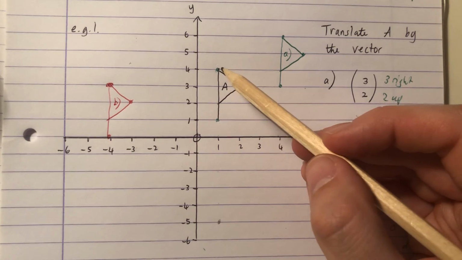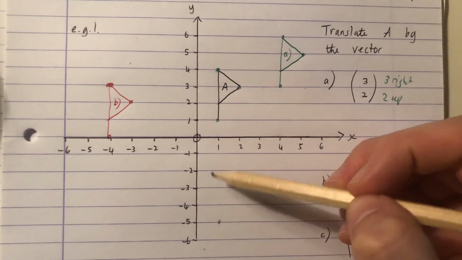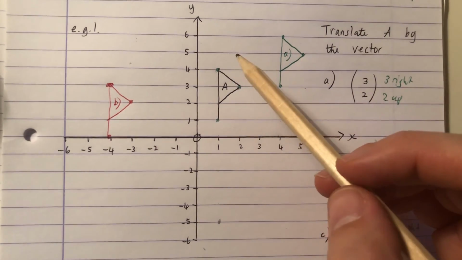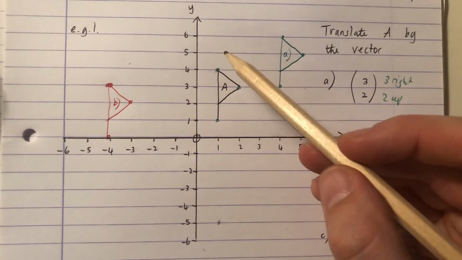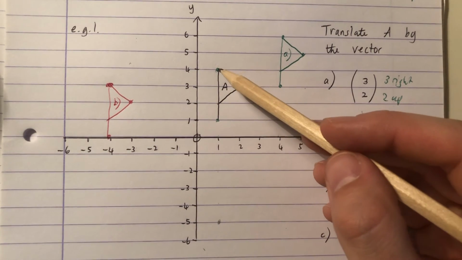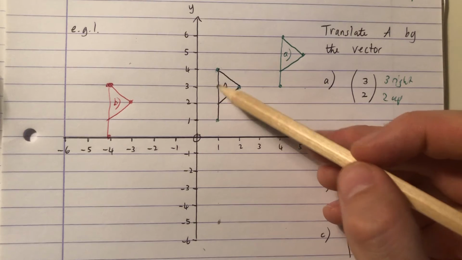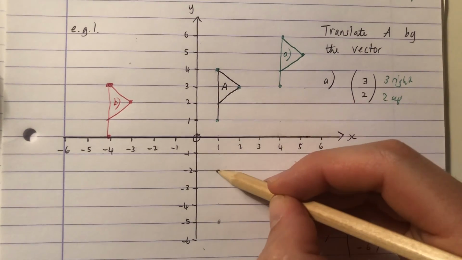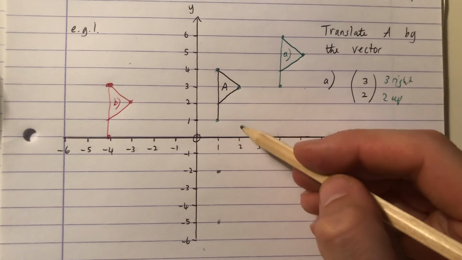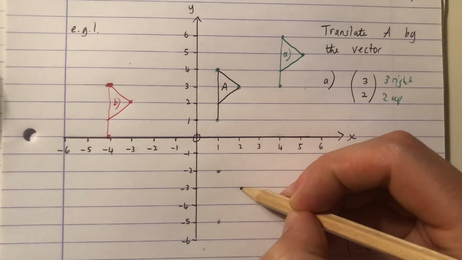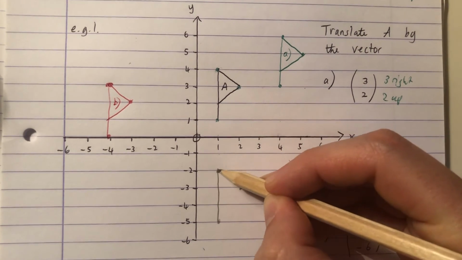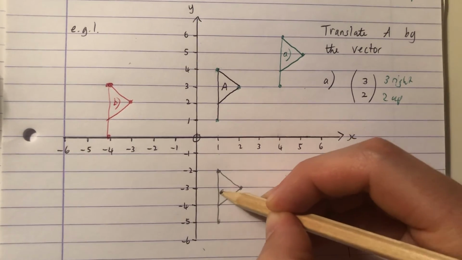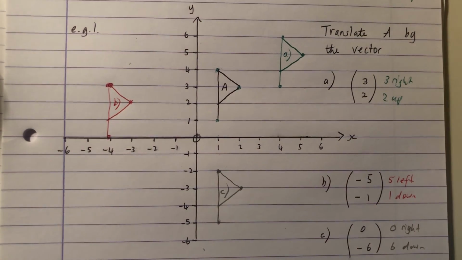Obviously, I could probably draw the entire object straight away, but if you get objects which are a little bit more complicated, it's good to pick on multiple corners. Okay. Call that part C. And that would be it.